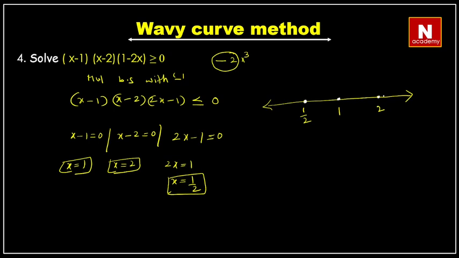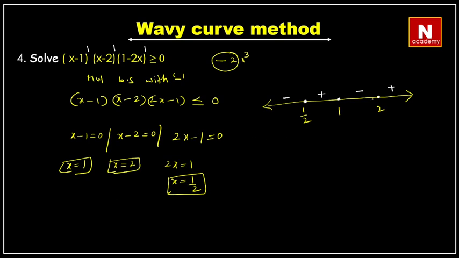So to the right of 2 we start with a positive sign. Observe the bracket x − 2. What is its power? 1. 1 is odd, that's why the sign changes from positive to negative. Again observe the bracket x − 1, whose power is also 1. 1 is odd, that's why minus changes to plus. Again the other bracket, 2x − 1, whose power is 1. So 1 is odd, that's why plus changes to minus.